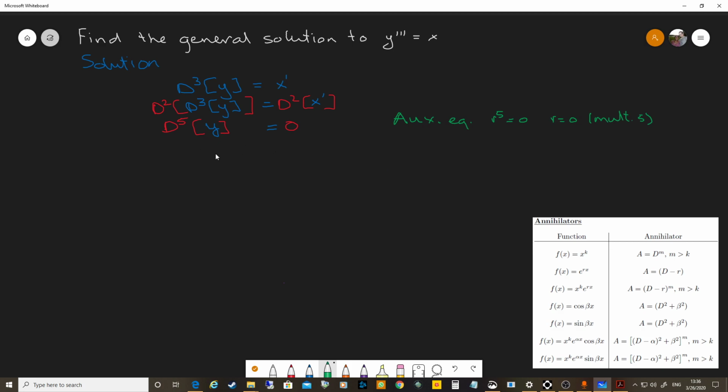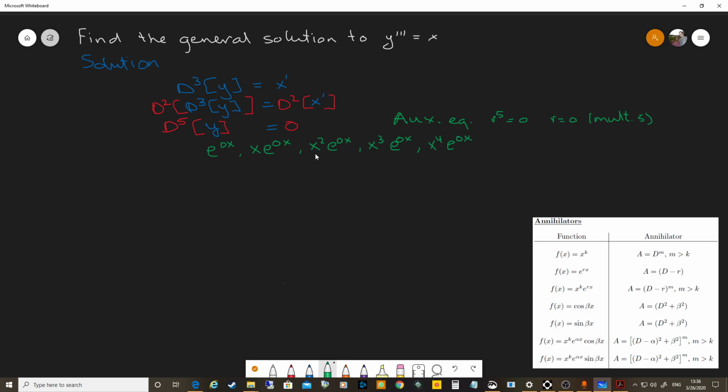So all the solutions to this differential equation are e to the power 0x, then x e to the power 0x, then x squared e to the power 0x, and then x cubed e to the power 0x. That gives us 4 solutions. We need 5, so we get x to the power 4 e to the power 0x.